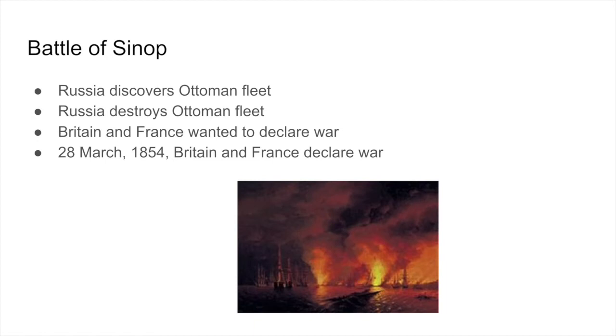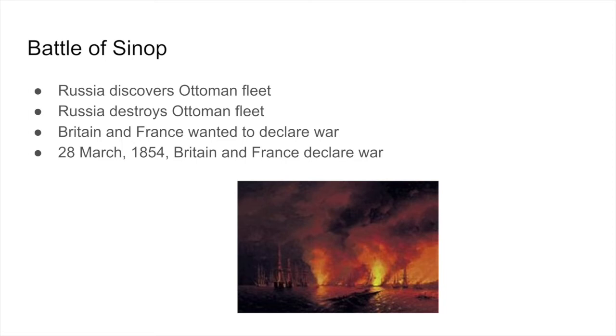So the start of the war begins with the Battle of Sinop on November 23rd, 1853. A Russian convoy of 3 battleships discovered the Ottoman fleet harbored in Sinop Harbor. On November 30th, just 7 days later, Russia destroyed the Ottoman fleet, which was a total of 11 battleships.